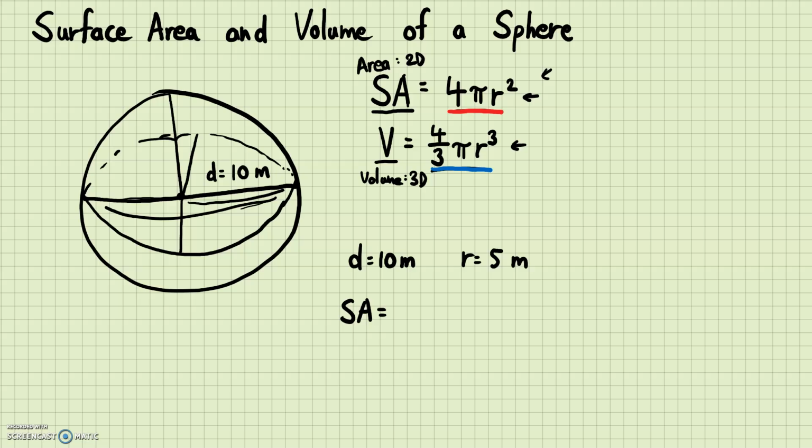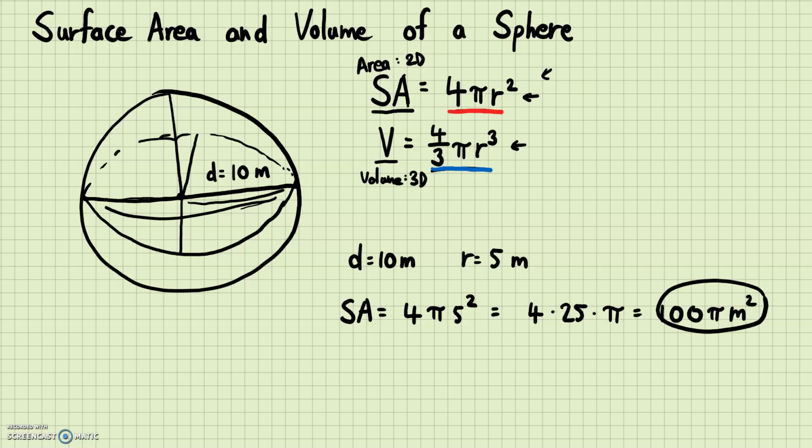And surface area will be 4 times pi times 5 squared, which is going to be 4 times 25 times pi, which is 100 pi. And this is meters squared. For volume, we have 4/3 times pi times 5 cubed. That's going to be 4/3 times 125 pi.